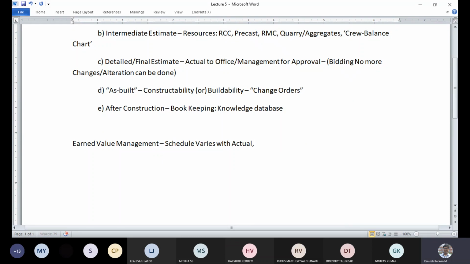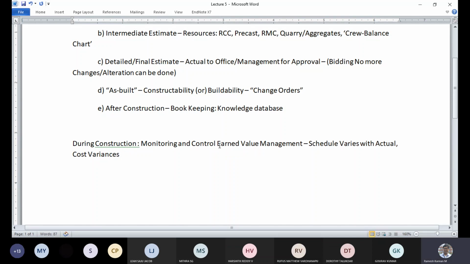Not only the schedule, it also looks into cost variances, like how cost gets varied during construction. So this is the construction control mechanism, or simply monitoring and control.